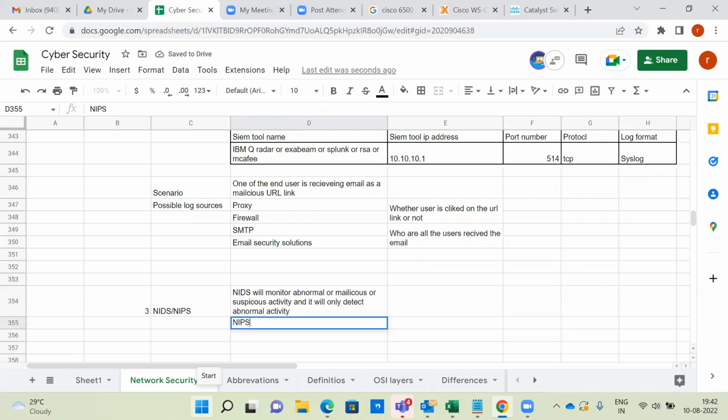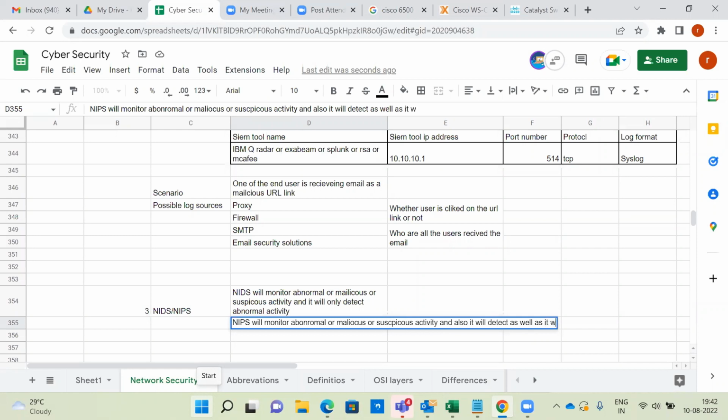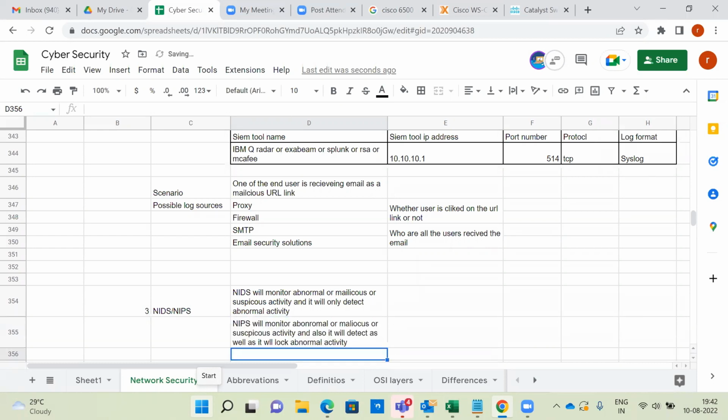On the NIPS side, NIPS will monitor abnormal, malicious, or suspicious activity, and also it will detect as well as block abnormal activity. That is NIPS.